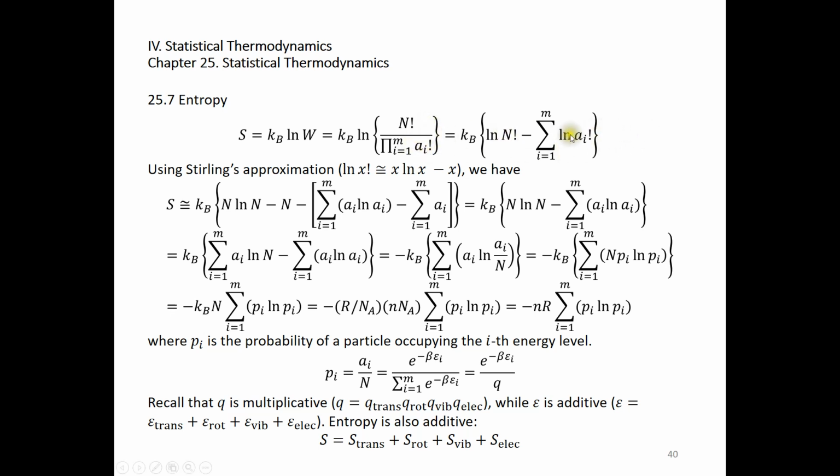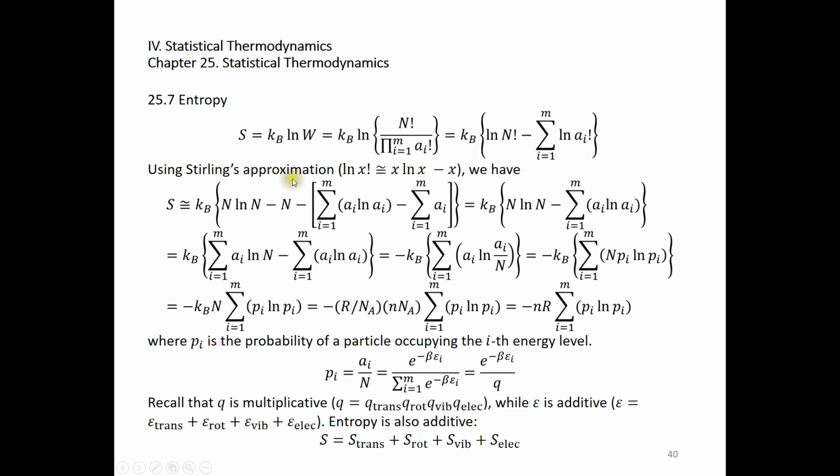Now we can separate these two terms. So over here we have the logarithm of something divided by something else. It becomes subtraction. So we have k_B times the logarithm of n factorial minus the sum of the logarithm of a_i factorial. So the logarithm of a product is the sum of different logarithms.